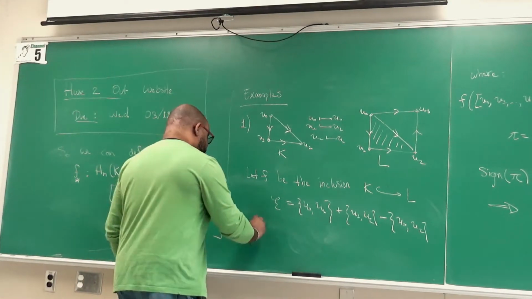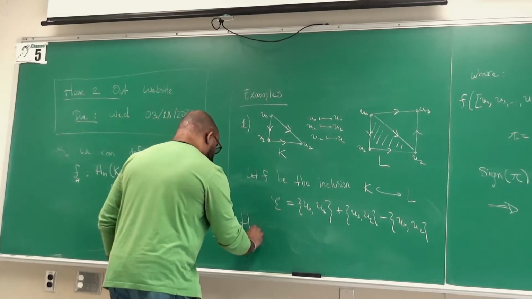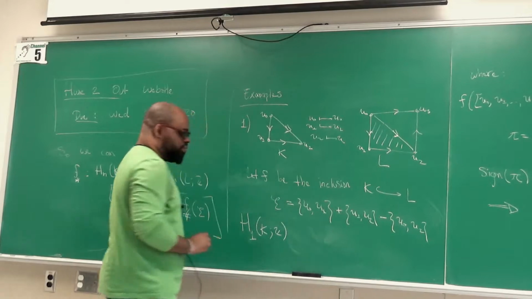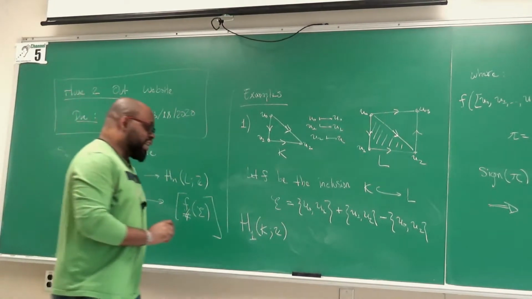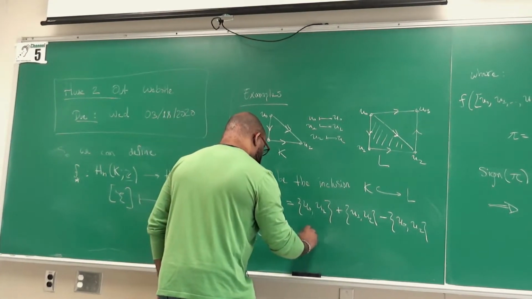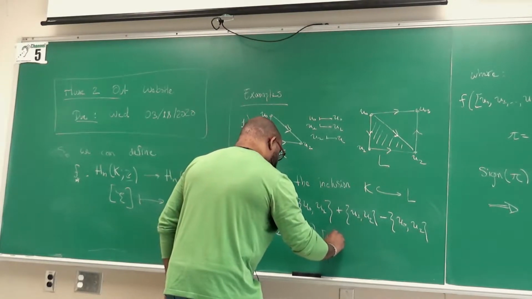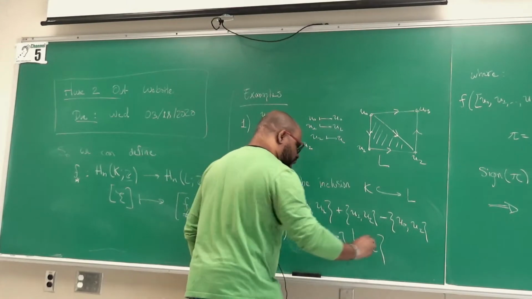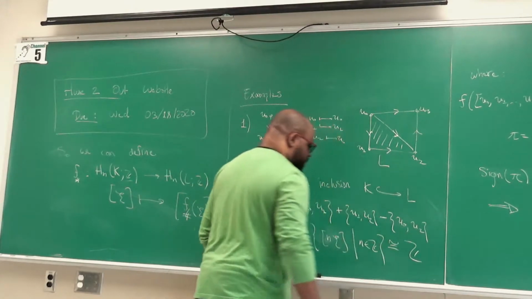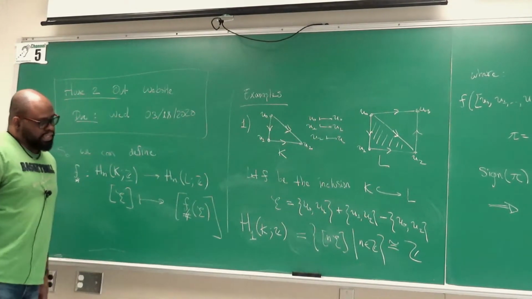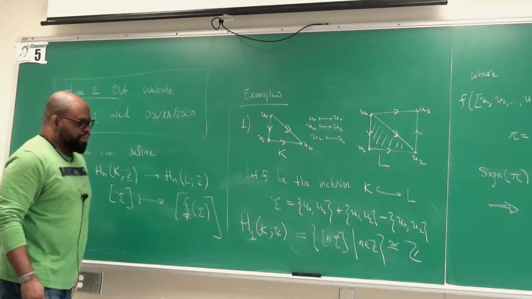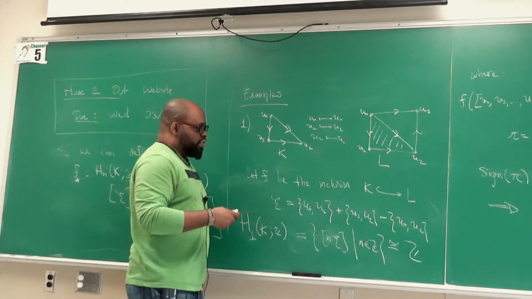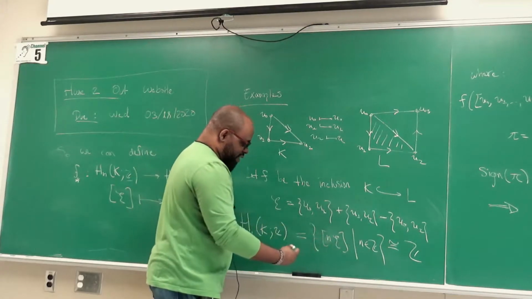So hopefully we can see that if you compute the first homology of K with coefficients in Z, then this is exactly isomorphic to Z. And again, just to remind ourselves what this notation is telling you.